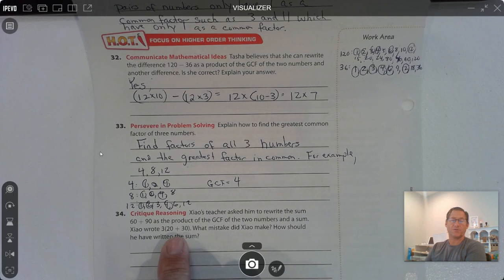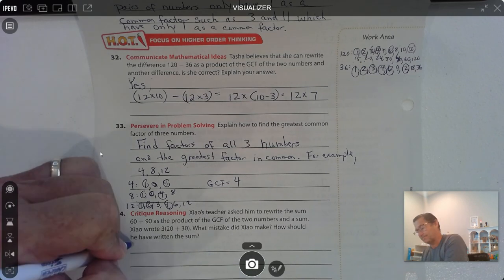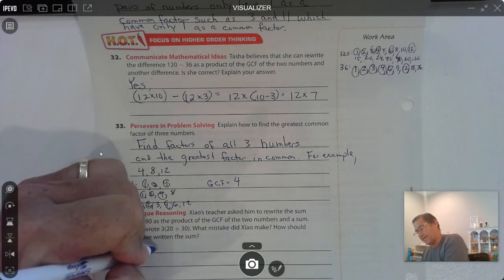Well, when I look at 20 plus 30, the greatest common factor between those two is not 1. So he didn't find the greatest common factor. 3 is not the greatest common factor.